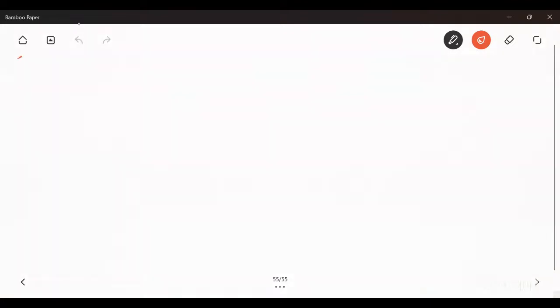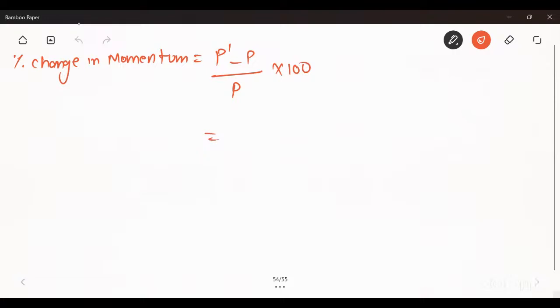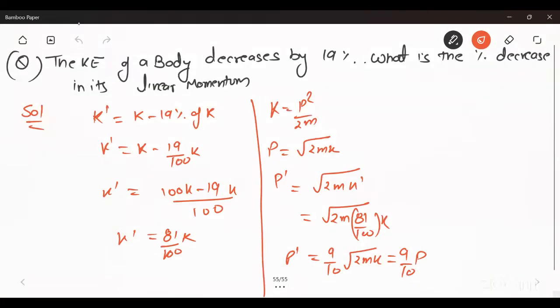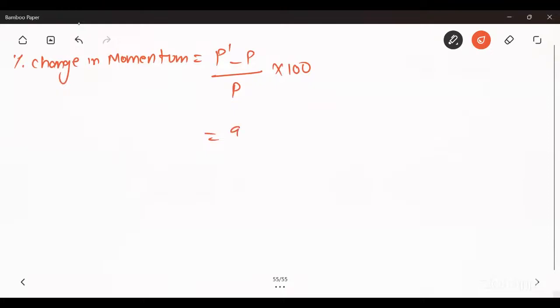Now the percentage change in momentum will be final momentum minus initial momentum upon initial momentum into 100. So the final momentum is 9P upon 10, minus P, upon P into 100.